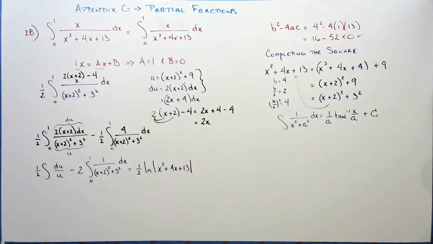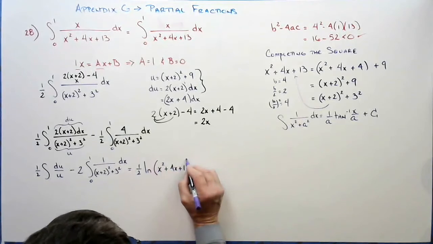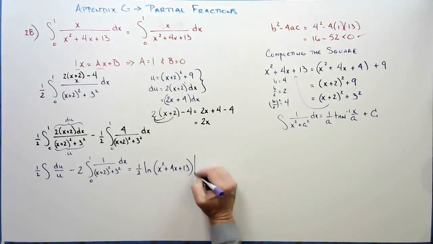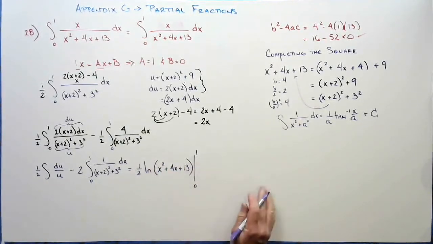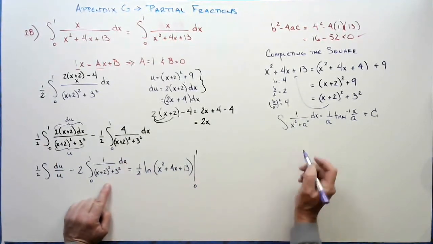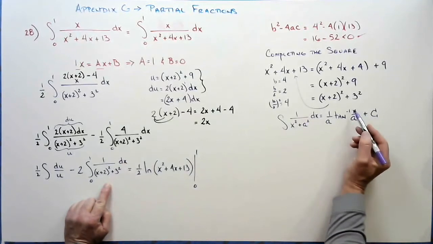Now that is an irreducible quadratic. It's always positive, so we don't need the absolute value signs. Plus, remember, we're going to evaluate that between 0 and 1. This integral right here is our friend inverse tangent.